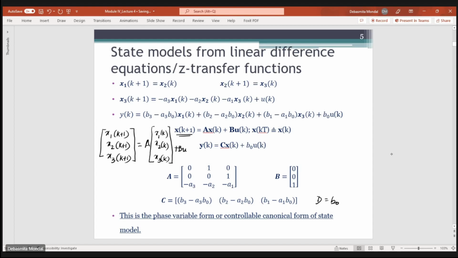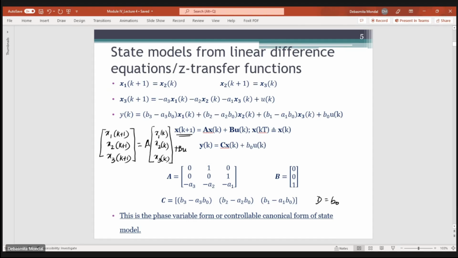Okay, so this is the form as we were discussing in the last class. If you can express the matrix A in such a form that the last row is given by the negative of the coefficients of this equation, and all the other rows form an identity-like matrix like this, then this is known as the phase variable form or the controllable canonical form of the state model.